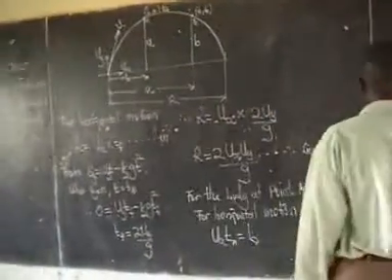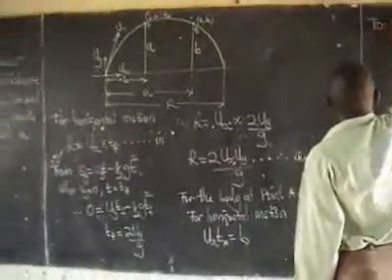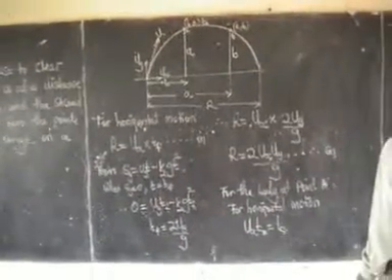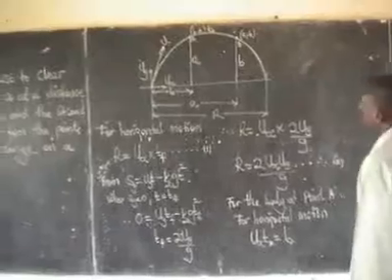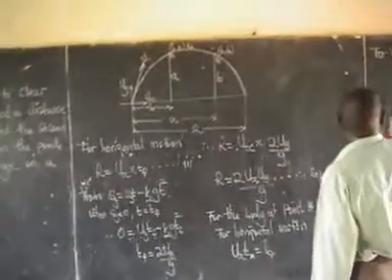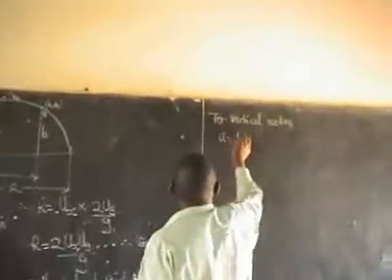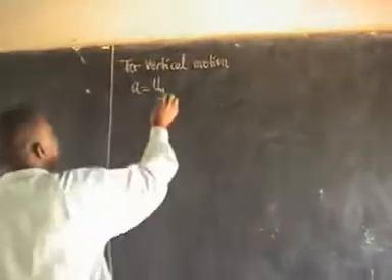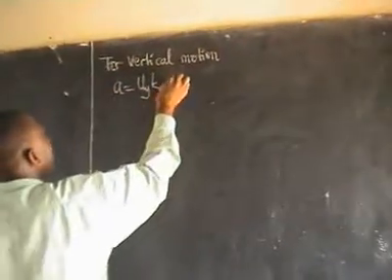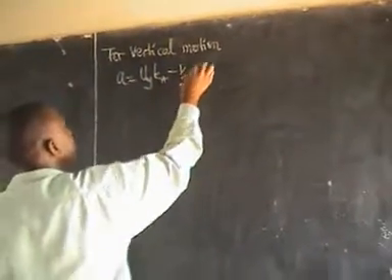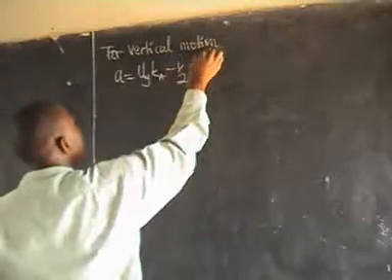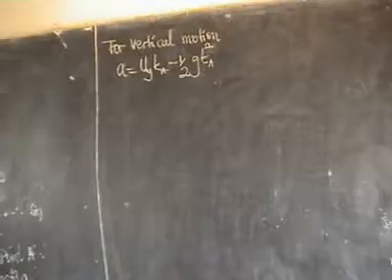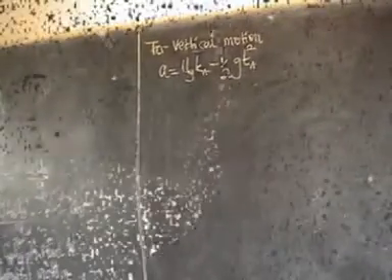So for vertical motion, we shall have our A being equal to uy TA minus a half g TA squared. So I'm going to combine these two to eliminate the TA.